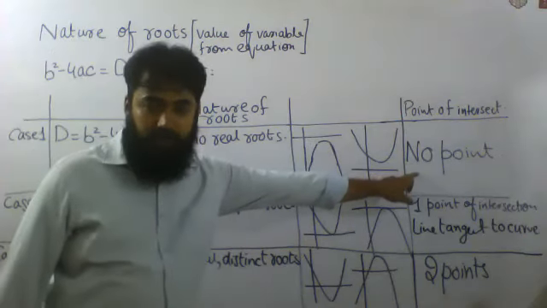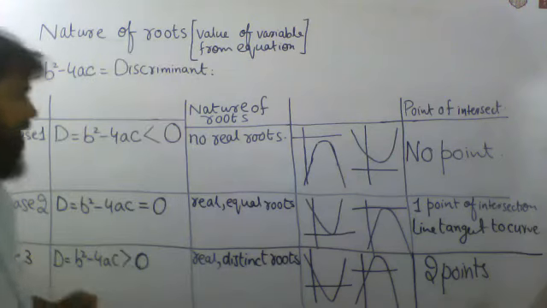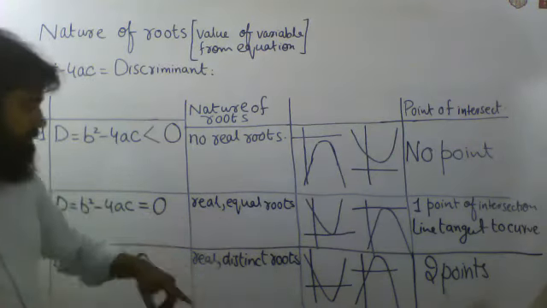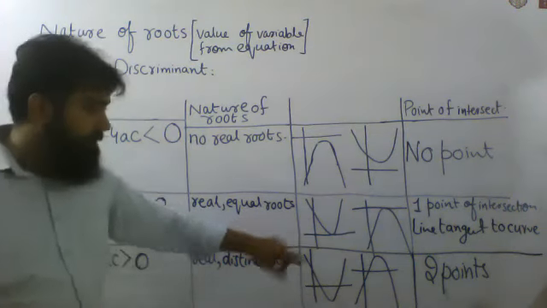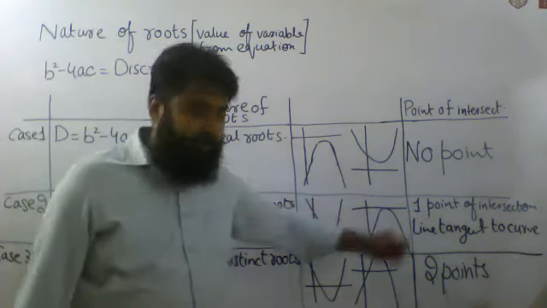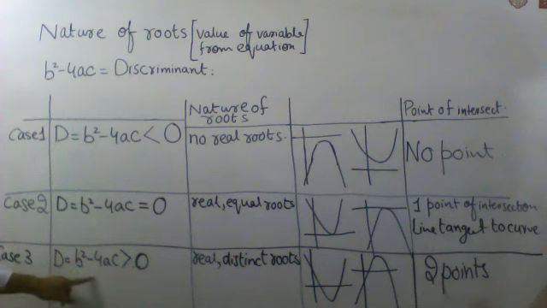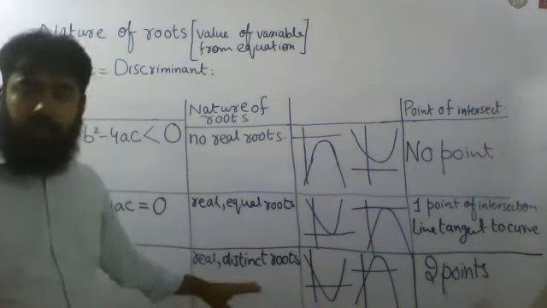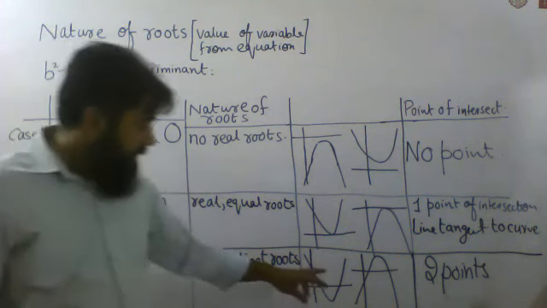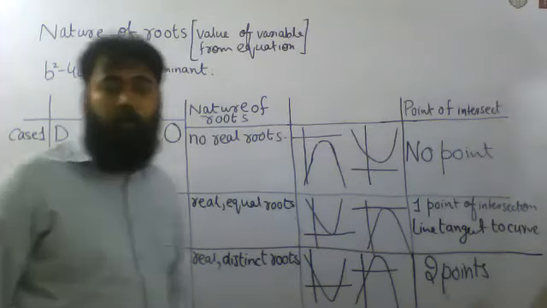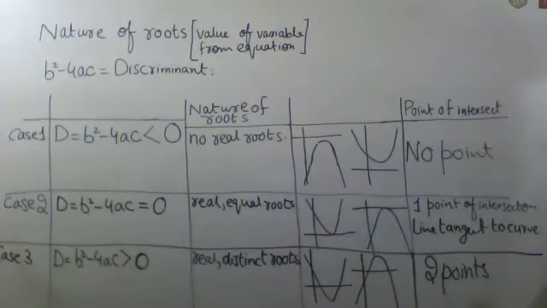When they say real equal roots, they are talking about this type of graph, 1 point of intersection, or discriminant equal to 0. If they say discriminant is greater than 0, it means distinct roots, two different roots. You should have this kind of curve in your mind, and 2 points of intersection will be there.